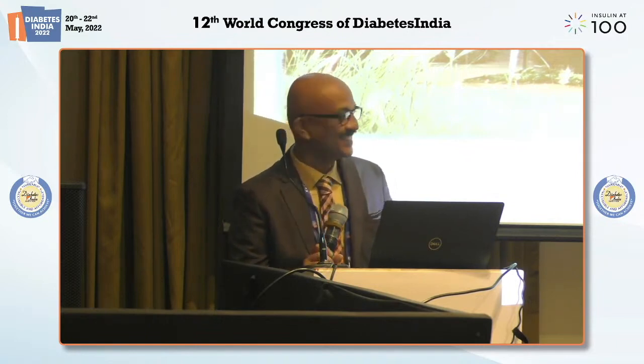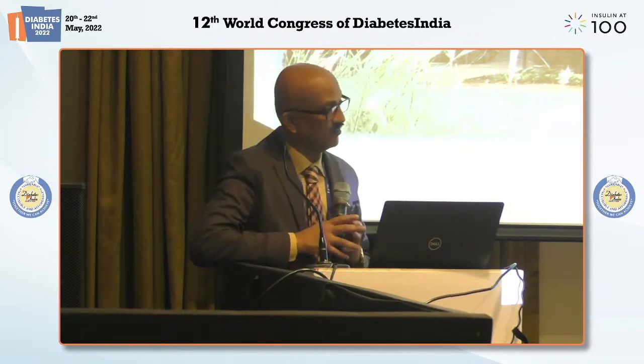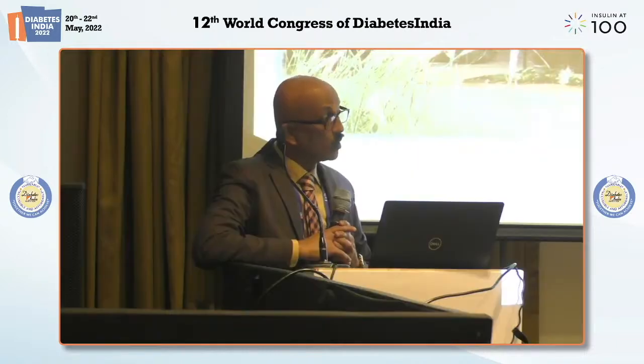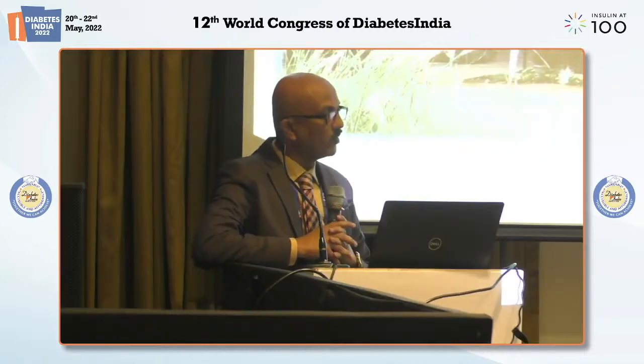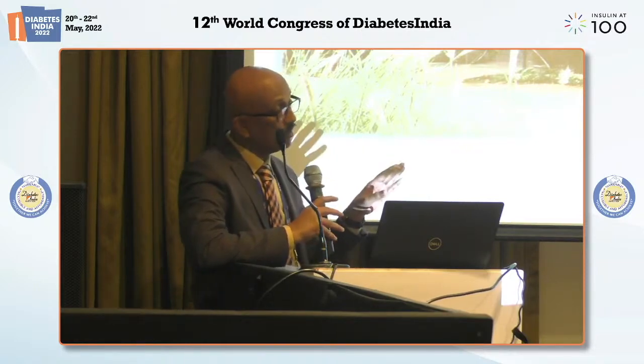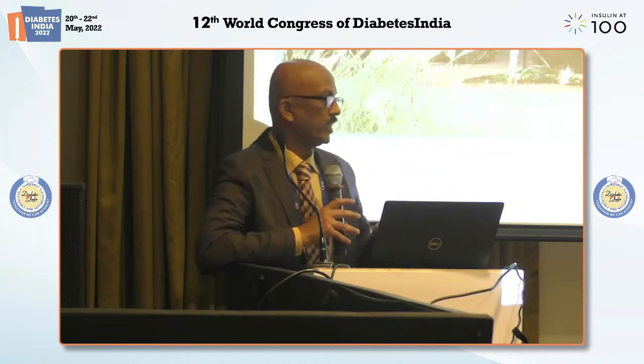A question from my side, one about the TIR and one regarding teneligliptin. About the TIR, you stressed a lot about it being more relevant to the hypoglycemia. No, glycemic variability. It throws more light on the hypoglycemia versus the hyper? No, glycemic variability captures both hypo and hyper, but not the TAR.